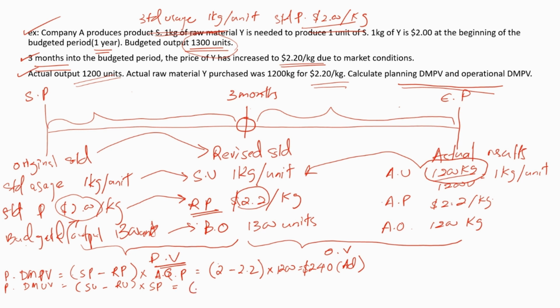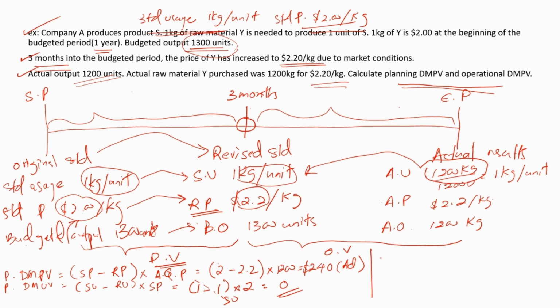So the standard usage is equal to 1 kilogram per unit, which is this value, and the revised usage is this value, 1 kilogram per unit, multiplied by the standard price, which is $2 per kilogram. Since this is 0, the planning direct material usage variance is 0 because we did not revise the standard usage value.